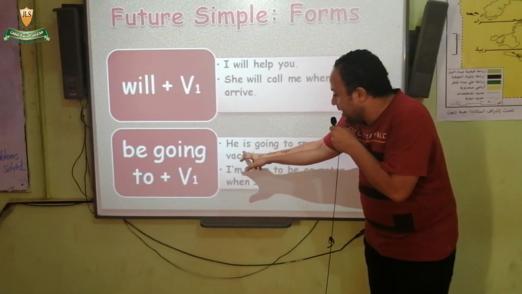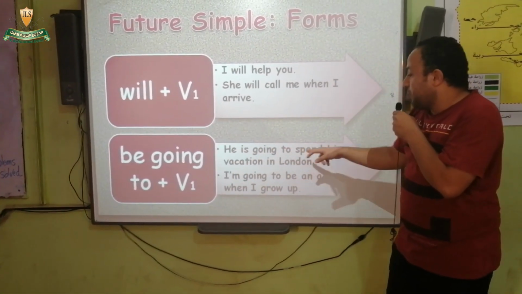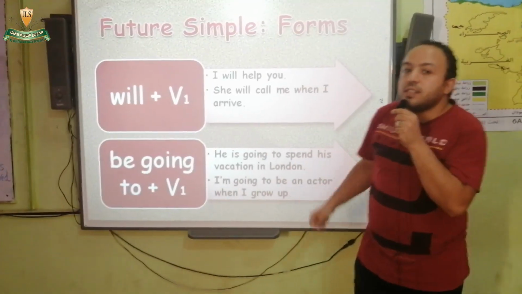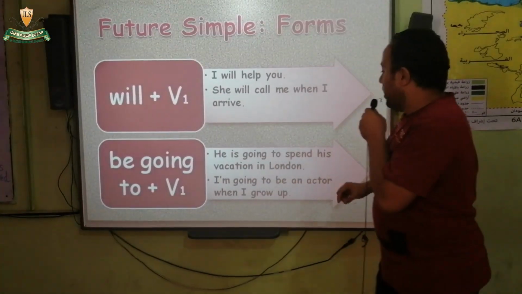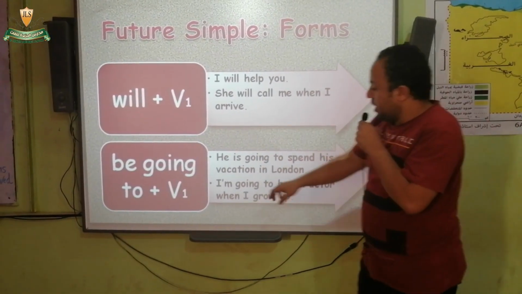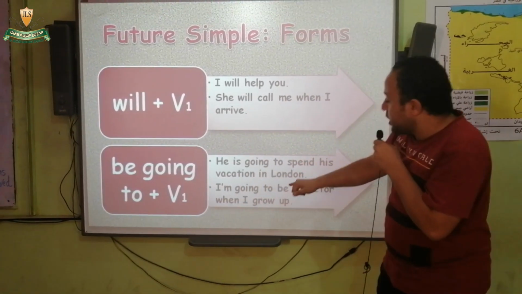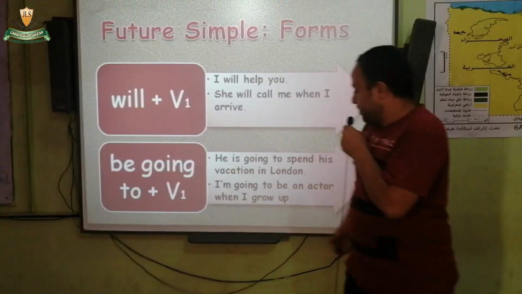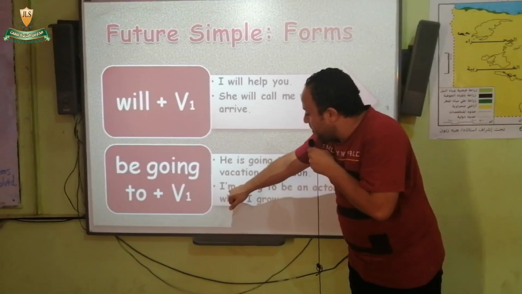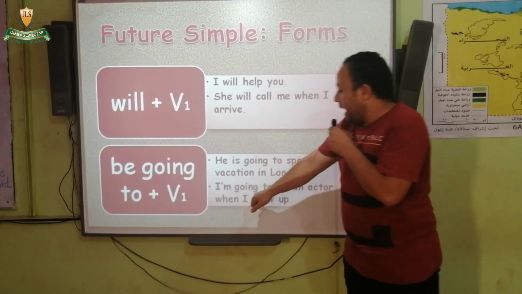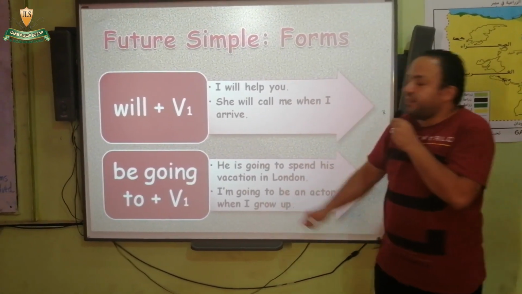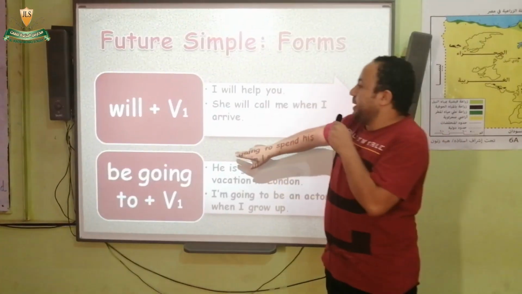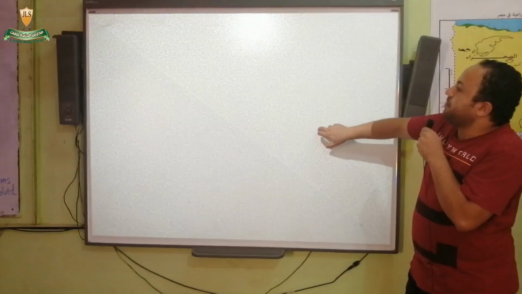So the form is is plus going to plus spend, which is the main verb in the infinitive. Number two: I'm going to be an actor when I grow up. So I am, this is am, verb to be, and going to plus infinitive, here is be.